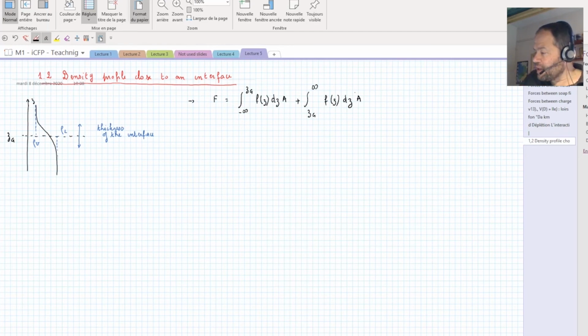We'll see later that it's kind of an issue of finding what this plane is, but let's assume that we can define the plane here in between the interface.